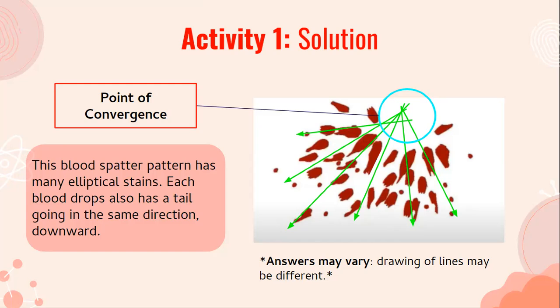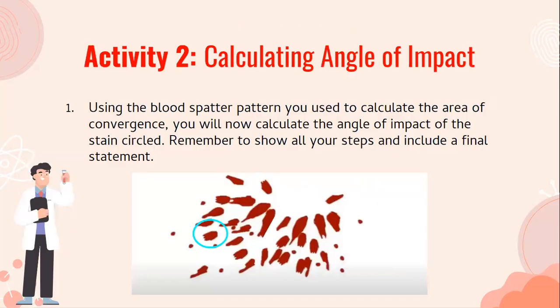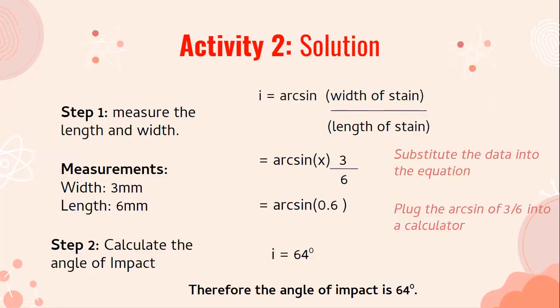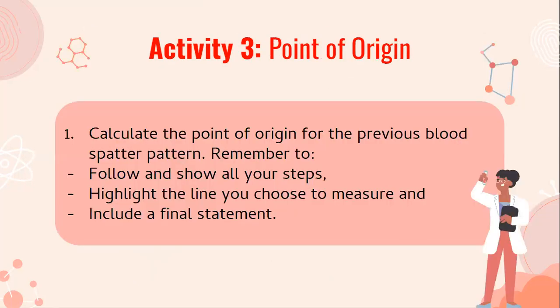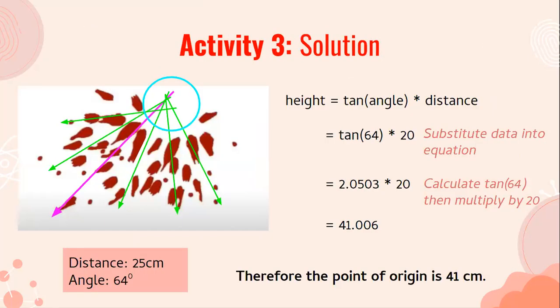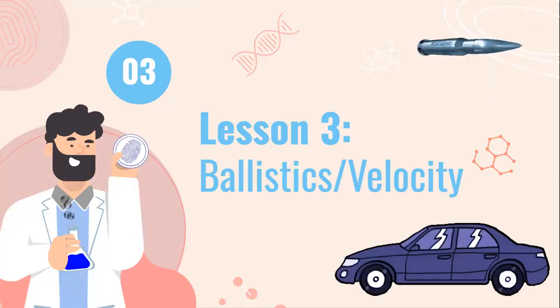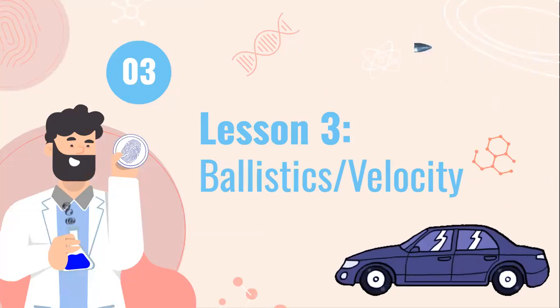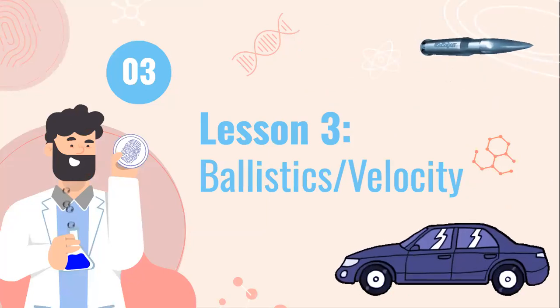So it's going to be a 3D situation. I'm going to show you what I mean in a second. And you're going to be calculating the angle of impact and the point of origin using these strategies. So I am going to provide you with some videos that break this down slowly so that you can watch them before Monday.